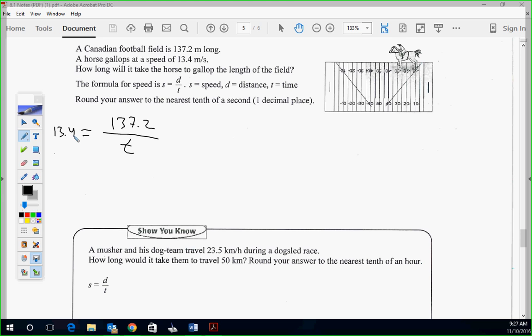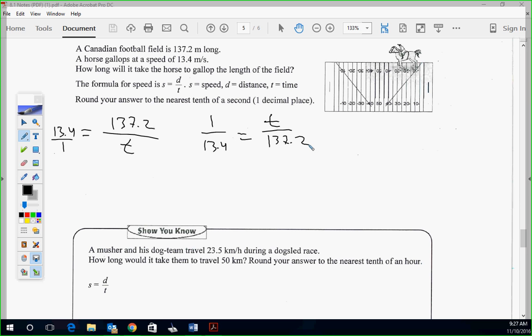Here's one way. It's called flip-flip. So 13.4 as a fraction is over 1. So then we can take these and we can flip both of them. What we do to one side, you can do to the other. Okay, that's going to be 1 over 13.4 equals t over 137.2. And now we can multiply that.